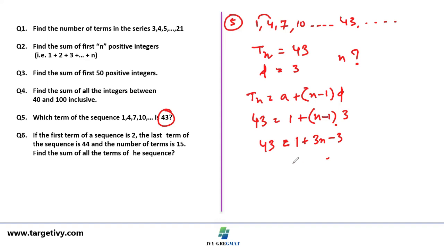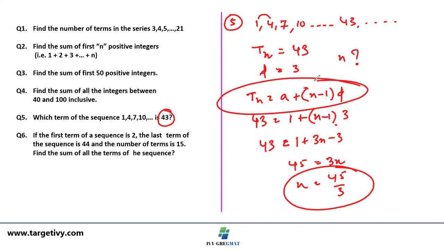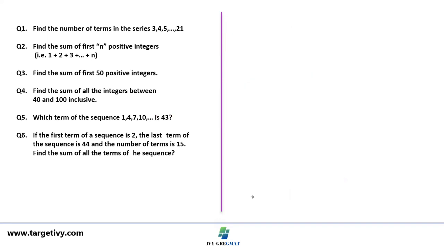So this is 45 is equal to 3n. So n is equal to 45 by 3, which is equal to 15. We are playing around with these formulas only to make our life easier. I think this much is required, that we know the formulas. Otherwise, it's not AP/GPs. We are doing something else.